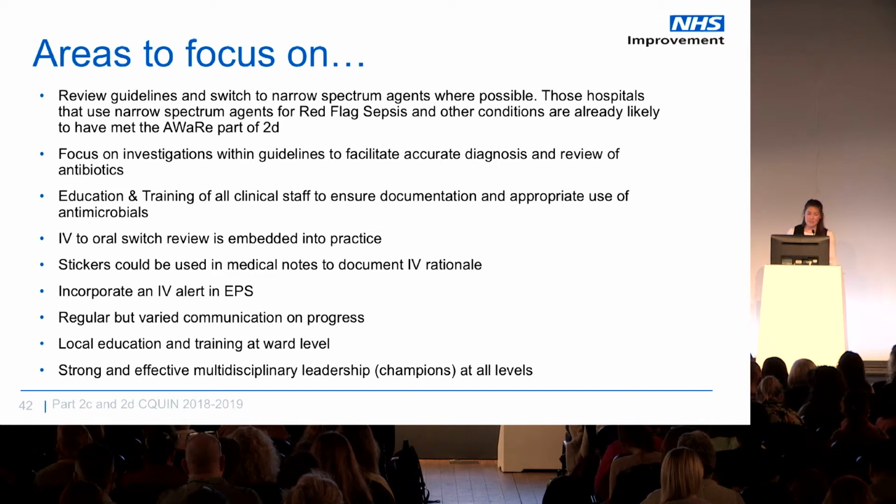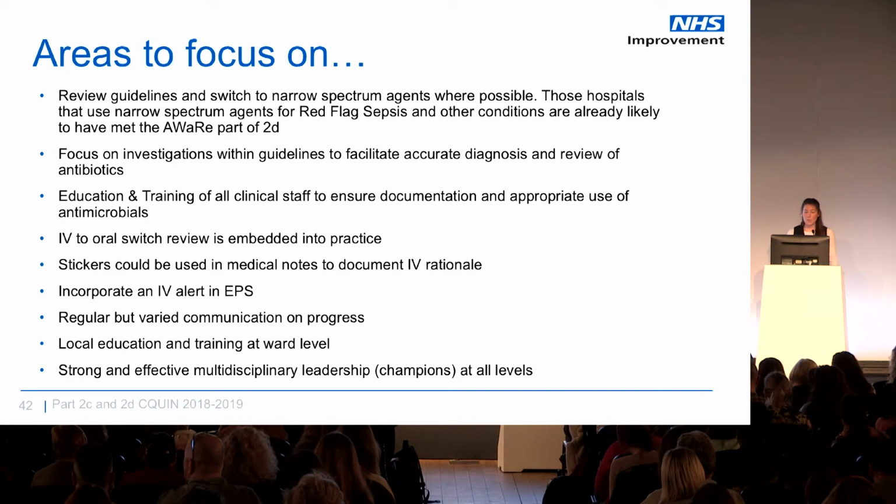So just some key areas to focus on to help facilitate your hospital achieving the CQUIN. I've just put some bullet points here. So for example, it might be a good idea to review antibiotic guidelines and where possible switch to narrow agents for empirical treatment.